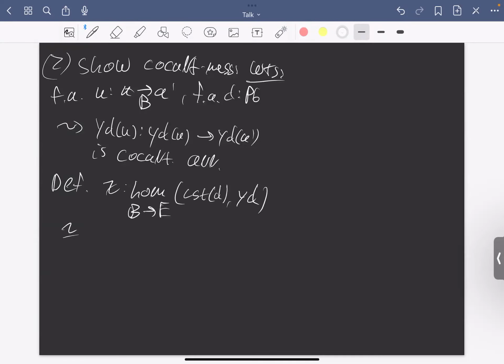And how do we define such a thing? Well, it's a natural transformation, and it ends up being, by using interactions between the extension types and the pi types, a family of arrows like that.